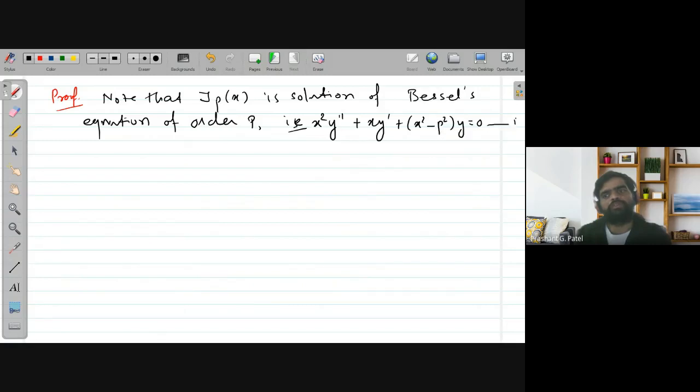If I call this equation 1, then Jp of x, that is a Bessel's function, must satisfy this equation.